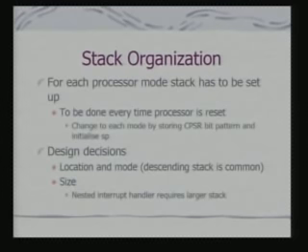Because if you are really supporting nested interrupts, you will require a larger stack. Say for example, IRQ, in case of nested interrupts, I need to save the registers so that I can come back to the correct point of execution of servicing the lower priority interrupt. So, I shall need the space to save all these registers. So, the stack size requirement for nested interrupt handling is always more than when we are not having nested interrupt handlers.